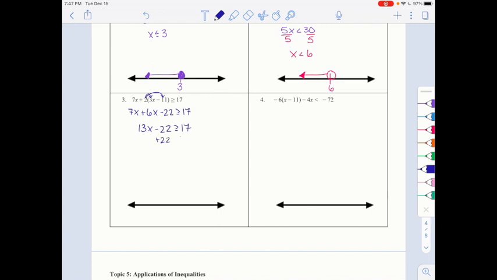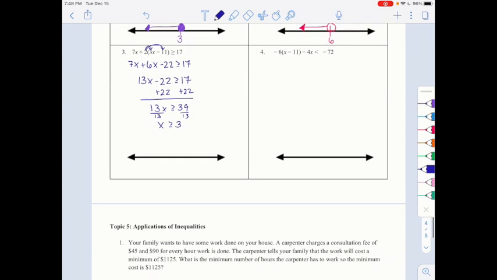Add 22 to both sides. 13x greater than or equal to 39. Divide both sides by 13. You get 3. So I'm going to use a filled in circle because of the or equal to, and this time I'm going to go to the right because I want greater than.